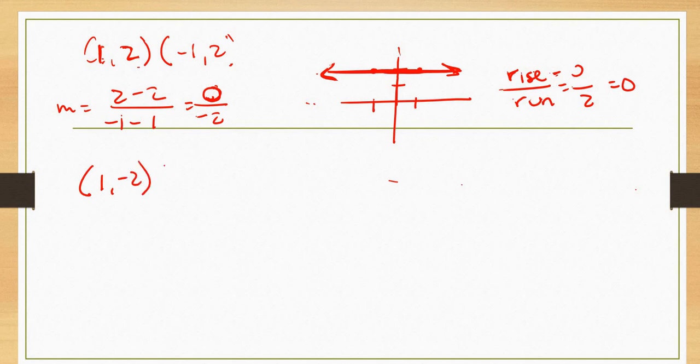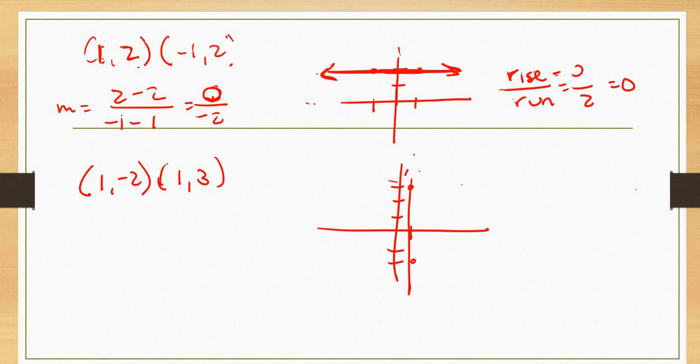Let's do one last: 1, negative 2, 1, 3. I'm going to go ahead and graph this first. Now I have a rise. I do go up and down. As a matter of fact, my rise is 5, but my run is 0.